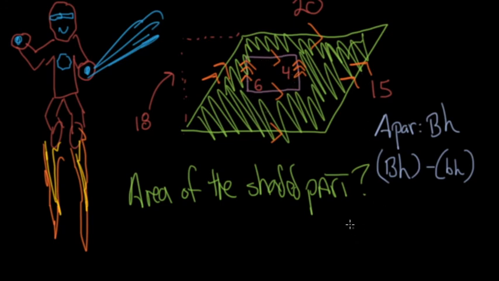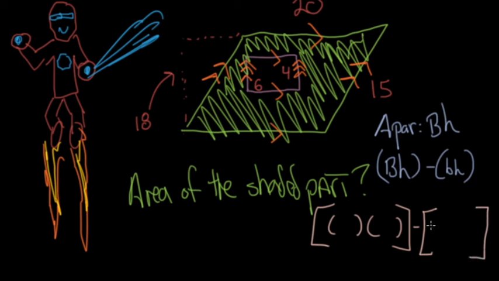So let's go and do this. And so we're gonna use some square brackets because that's neat. And don't get freaked out by having square brackets. And I'm gonna go and just fill in the numbers here. So the base of the big green shaded part is 20, and the height, don't get tricked, it's 18. And the base of this one is going to be 6, and that one's going to be 4.